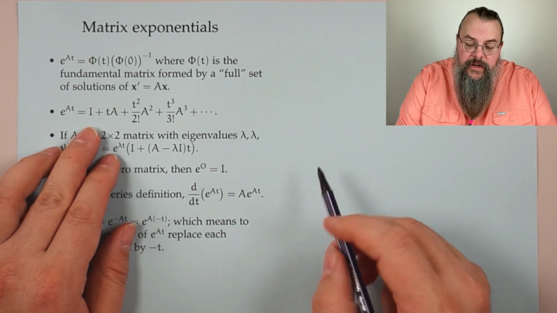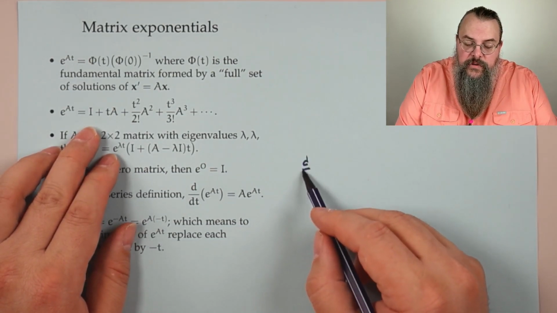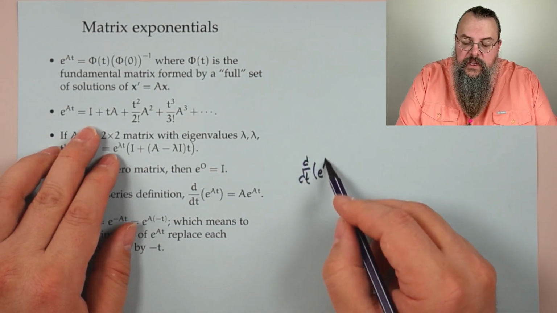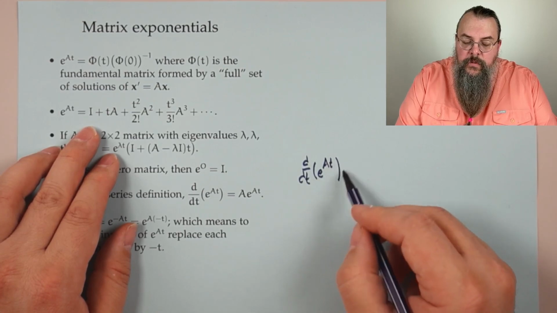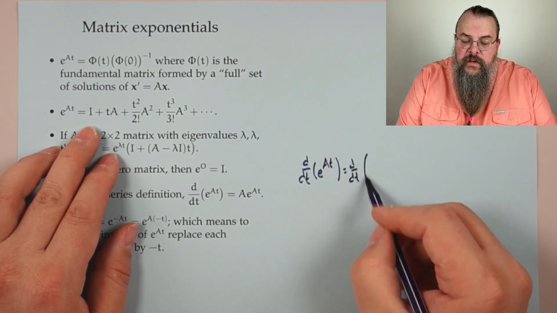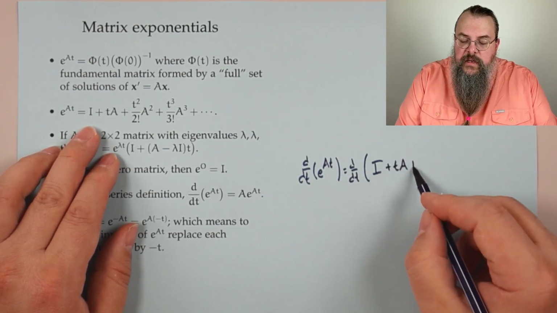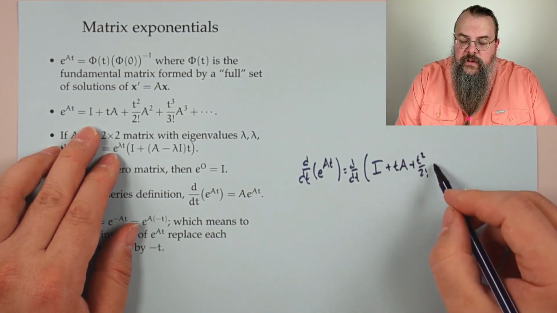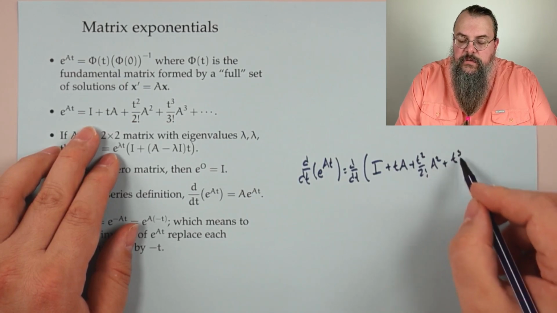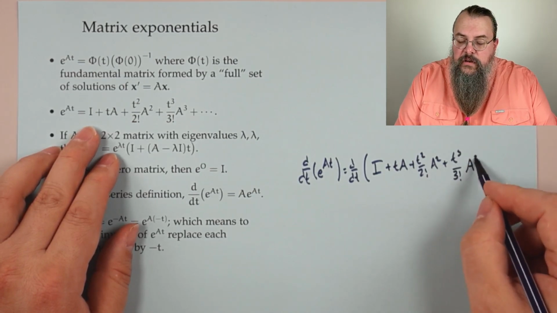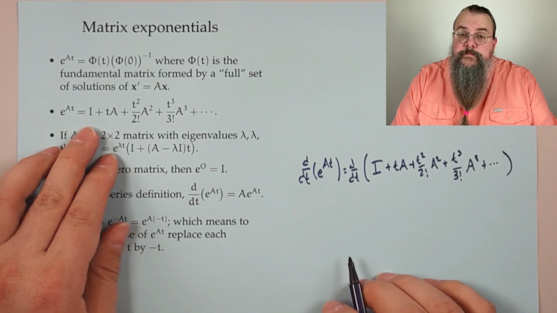Let's actually carry it out. So we say, well, the derivative of e to the at would be the derivative of this whole thing. Identity plus t times a plus t squared over 2 factorial, a squared plus t cubed over 3 factorial, a cubed, and dot, dot, dot.